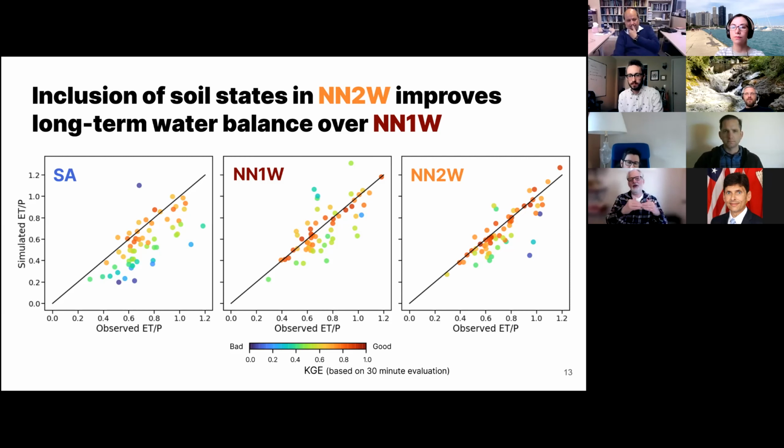When you haven't seen those in your past 30 years of record, a neural network technically has no way to extract any knowledge on it, because it is not available in your data. But we can implement our perceptions of what might happen in the future into the physically based model.